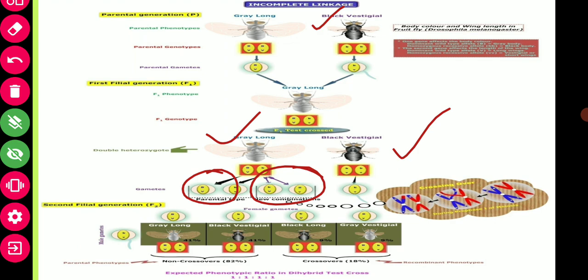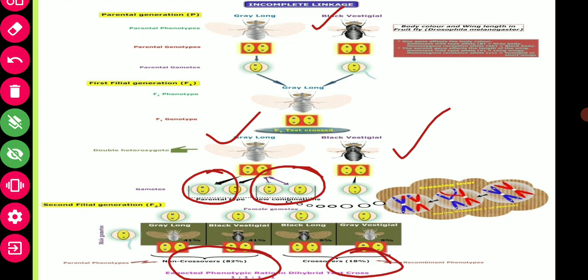But in reality, Morgan observed that the new combination was 18%, whereas the old combination was 82%, whereas it should have been in the ratio of 50-50 or 1:1. He observed that the non-crossover or parental types were more frequent in comparison to the new combination. So he thought that there is a case of incomplete linkage.